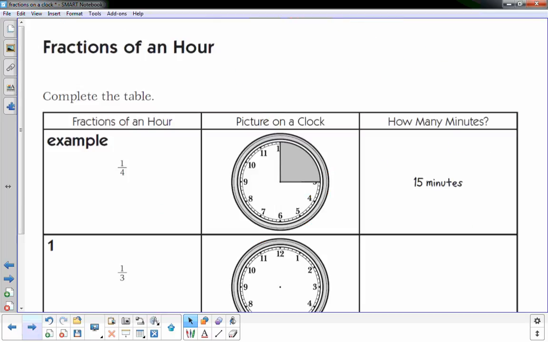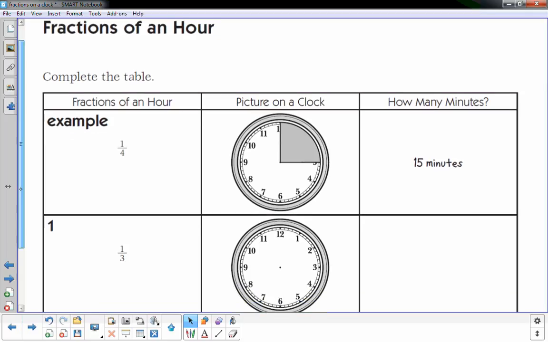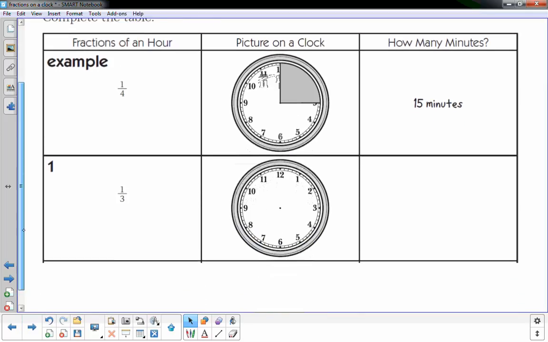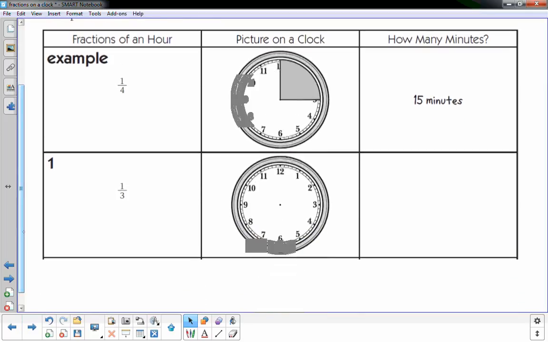All right, fractions of an hour. Now I got this chart here. It gives me a fraction, and then I have to shade it, and I have to say how many minutes. So it's very similar to what we were doing. So 1/3. I have to break it up into 3 equal parts. I think we've done something like this before. 3 equal parts. Looks like that.